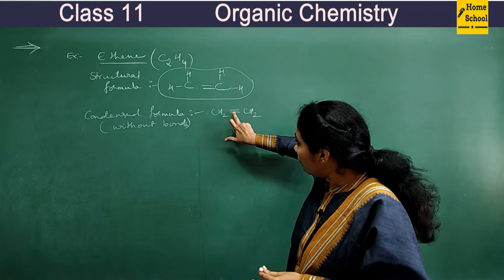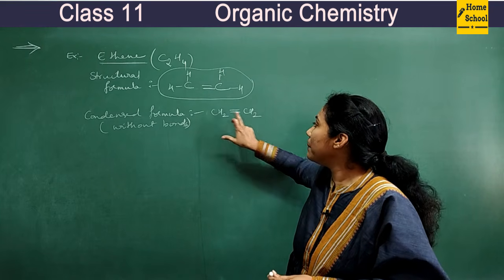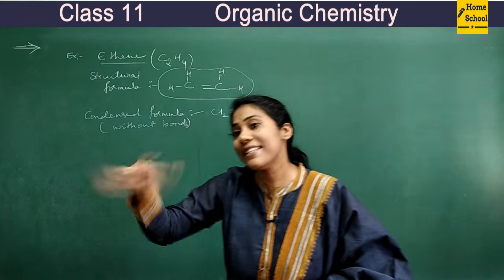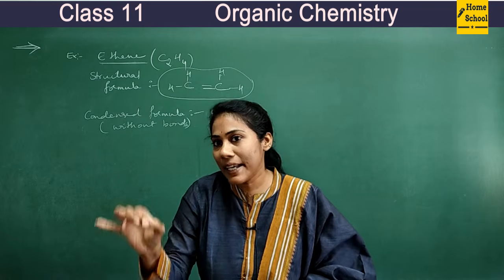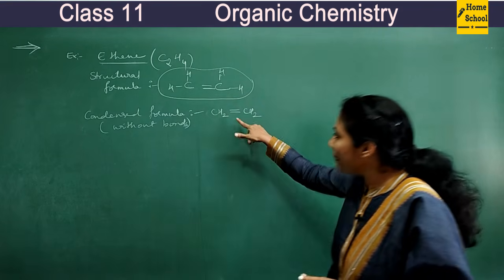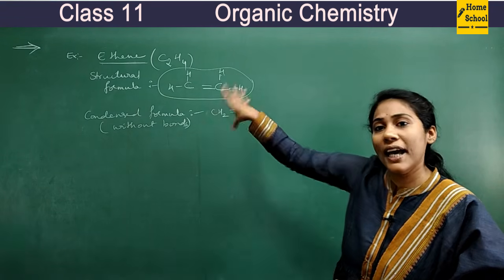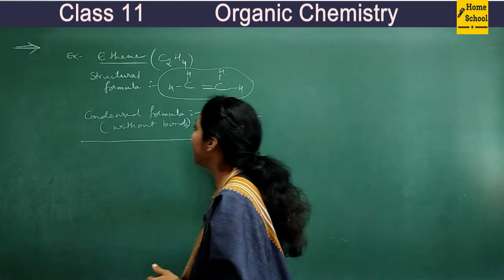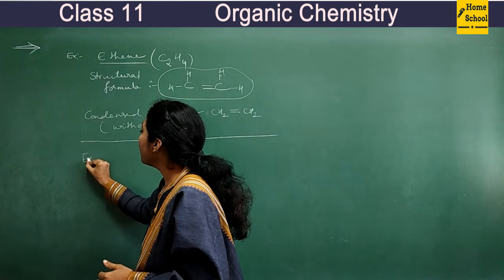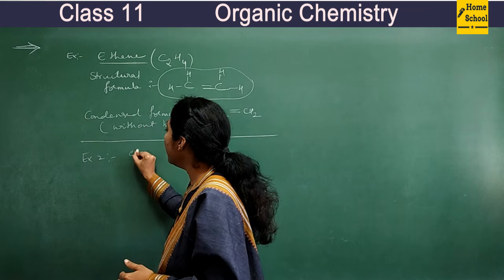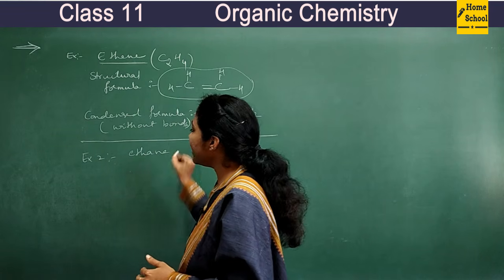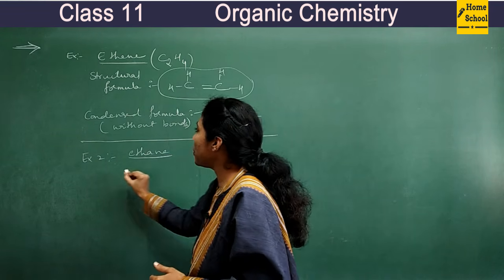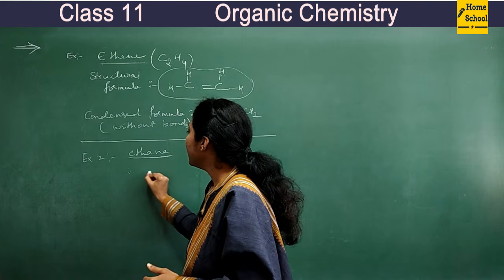If there was a single bond between carbon and carbon, we don't mention that single bond either. If it is a double bond or triple bond, you mention it. If all are single bonds, we don't mention anything. Another example, example number 2. For example, you take ethane. How do you write the structural formula of ethane?